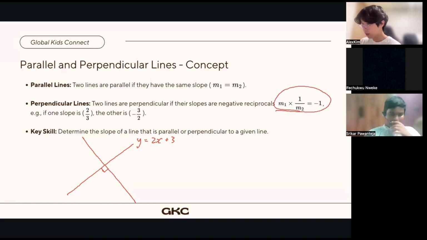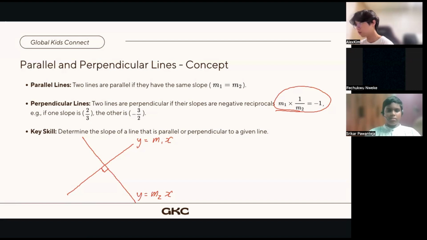If the first graph had a slope of m1 and the second graph had a slope of m2, then when m1 and m2 are multiplied, they must equal -1.